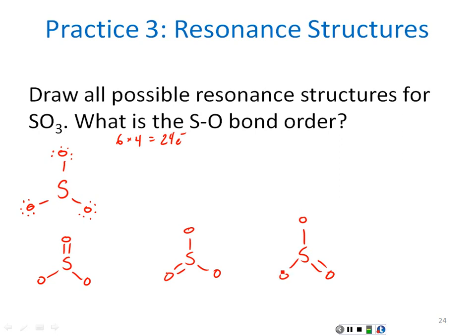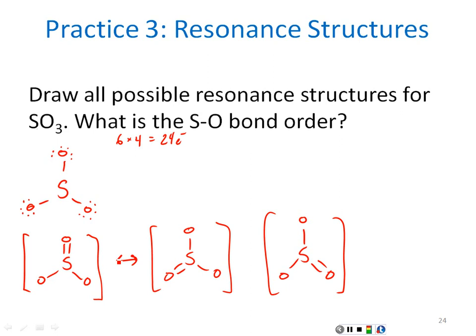So really, to indicate that these are all 3 equivalent structures, we need to draw brackets around each of them and then show that they're equivalent by adding double-headed arrows.